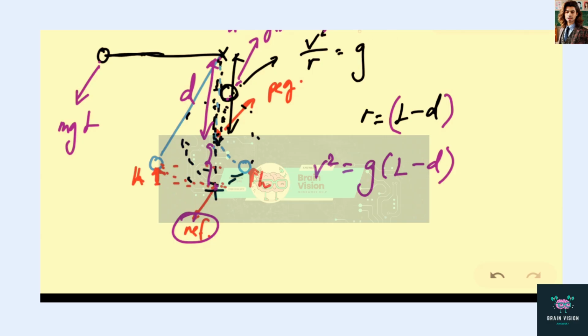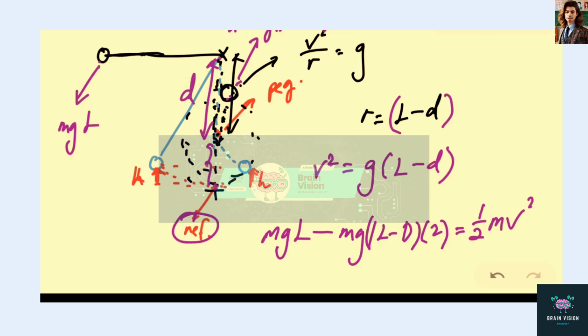By energy conservation, the remaining energy must have been converted into kinetic energy. So mgL minus mg times (L minus 2(L minus d)) must be equal to the kinetic energy, half m v squared at this point.